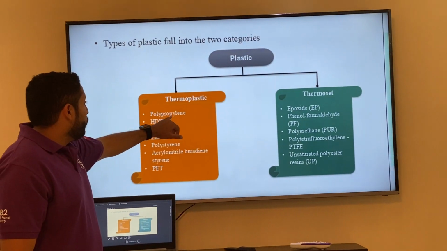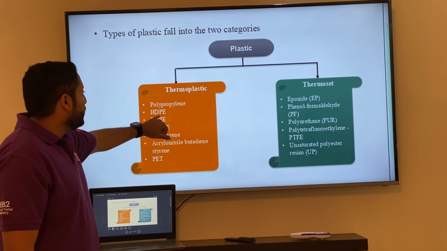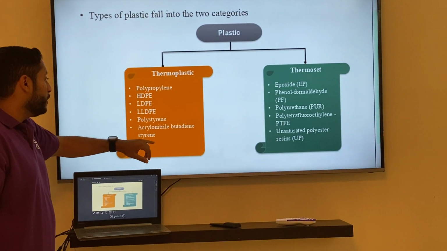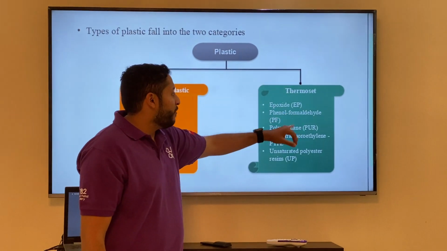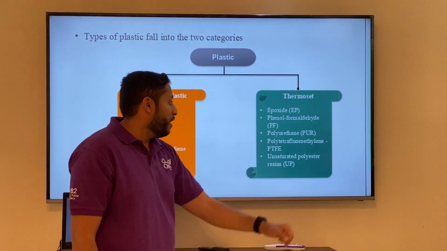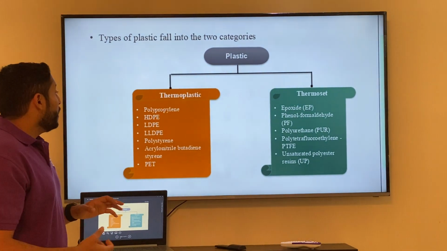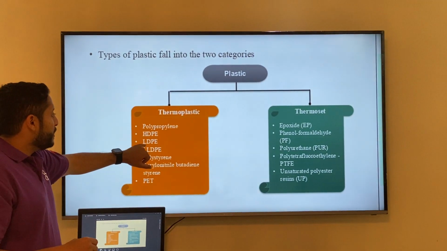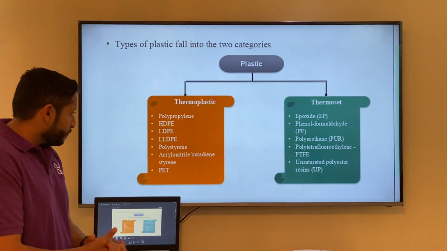There is polypropylene, high density polyethylene, low density polyethylene, linear low density polyethylene, and polyester. And here is thermoset, which includes EP, PF, PUR, PT, HFE. From our area, it is polyethylene, exactly low density polyethylene and high density polyethylene.